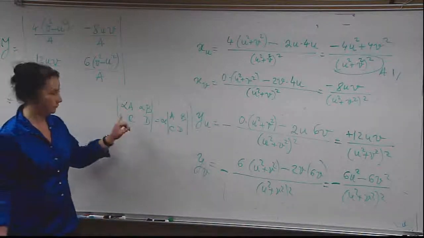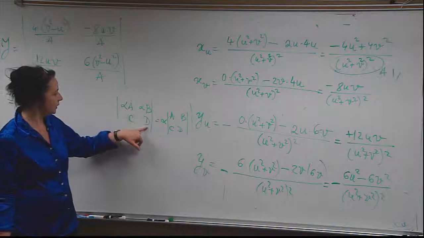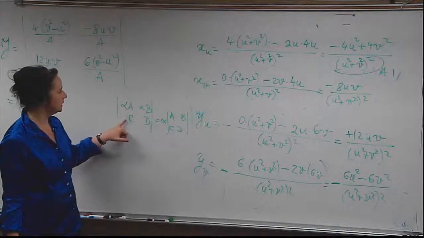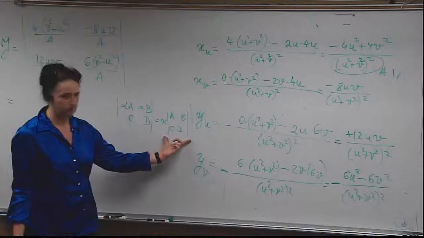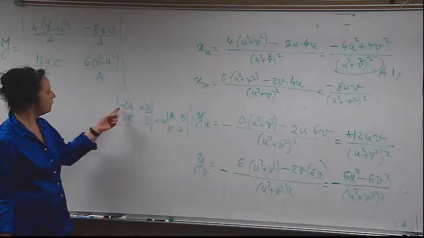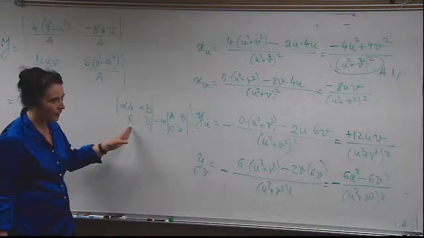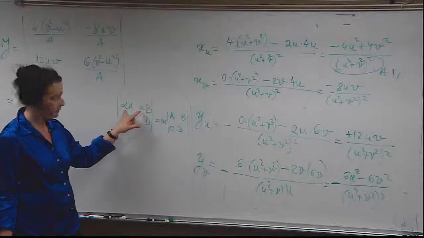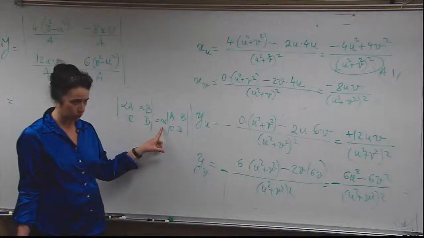How do you prove that? Very easily. This times that would be an alpha out minus this, an alpha out determinant. It's very easy to prove. So when you have one line or one column multiplied by an alpha, that alpha gets out.